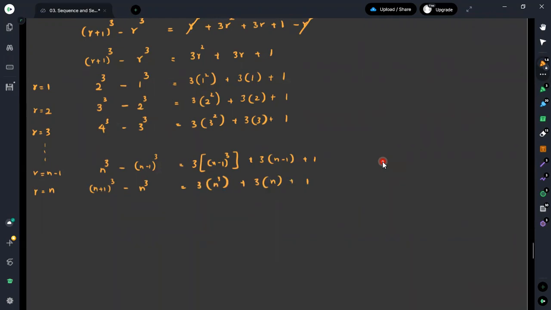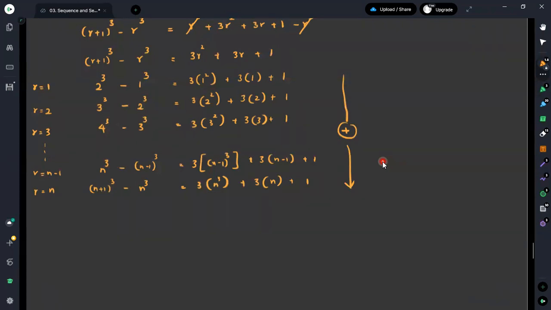Now here what we have done is find an equation which is equivalent to this difference of cubes, and now we are going to add these equations.